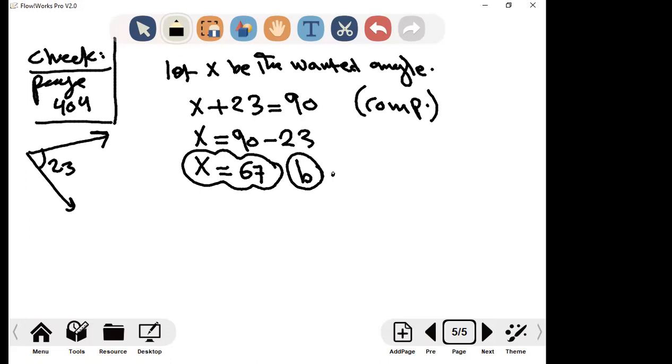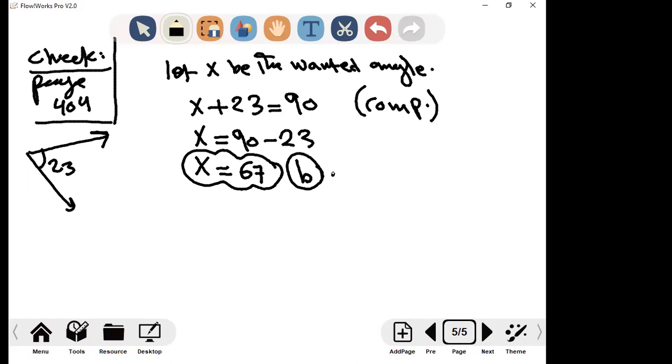How much is the angle here? 67, right? Where is 67 here? Why didn't you select it? And this one, why did you select it?